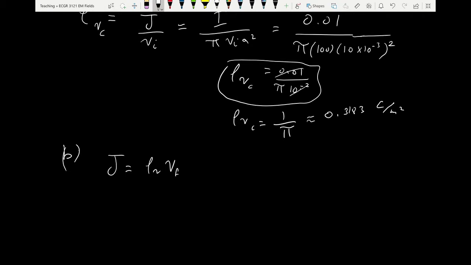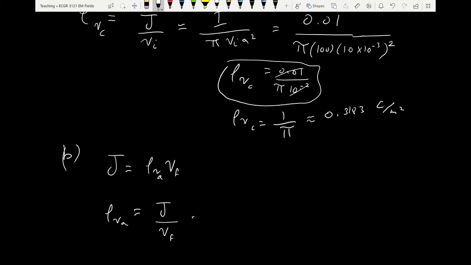So this is the same relation, and this is rho V at the anode. So rho V at the anode is going to be just J, which is the same, over VF. So now it's a matter of calculating what VF is.